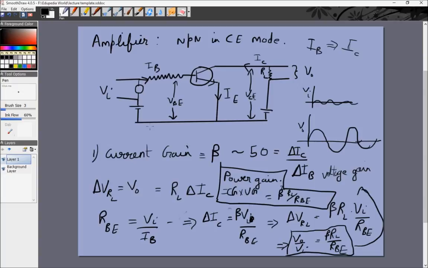Right, this thing multiplied by this thing, because we know power is equal to current into voltage, so it's reasonable for us to say that the power gain will be the current gain times the voltage gain. There's one final quantity that is left, and that is called the transconductance of the amplifier.